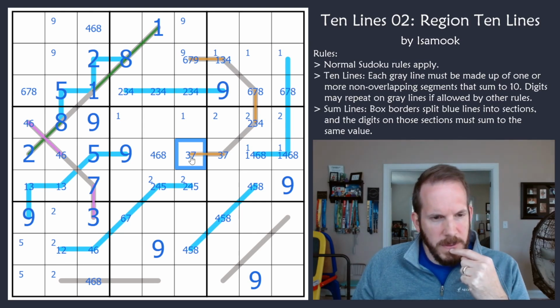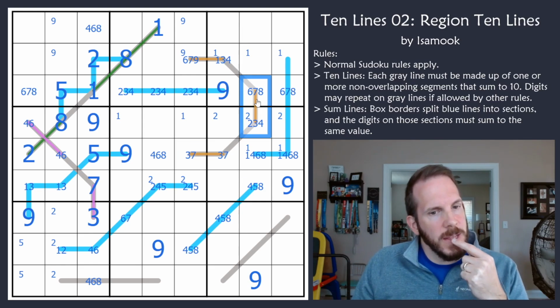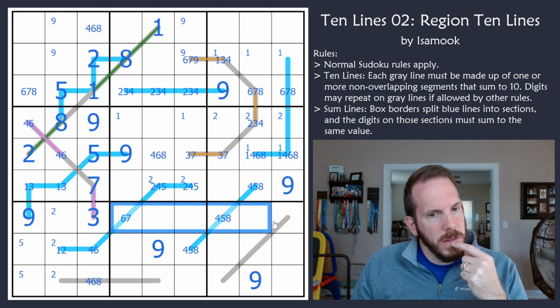But I don't think so. I think these aren't going to interact with these. This is 8. This is like a 3-7 or a 4-6. 3 is looking over.